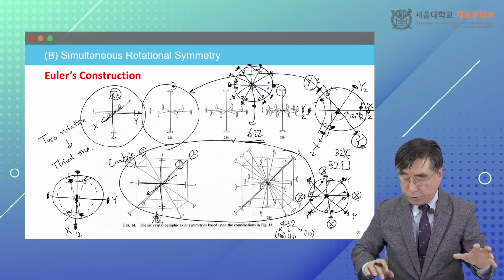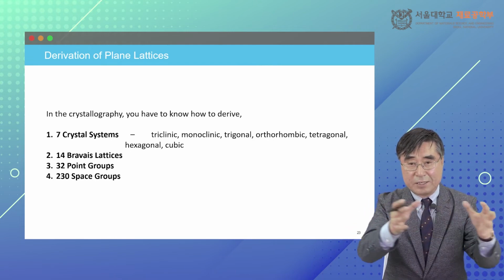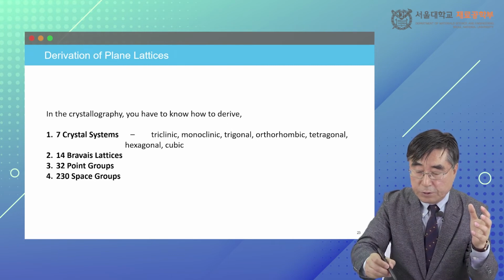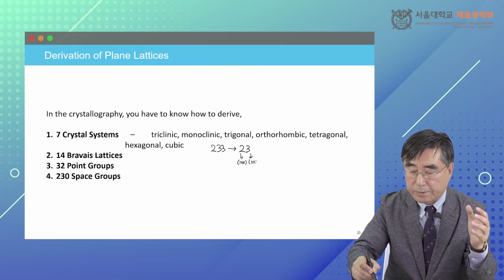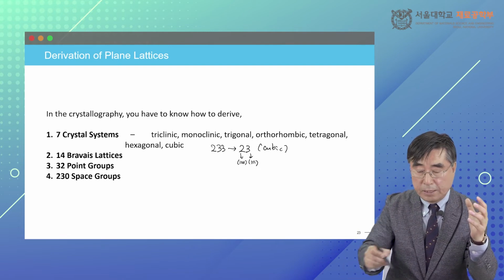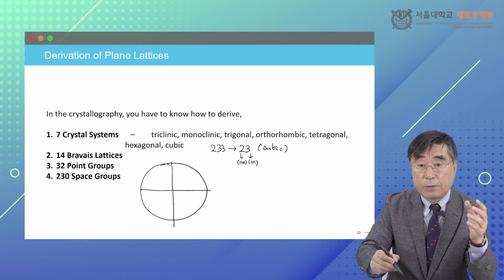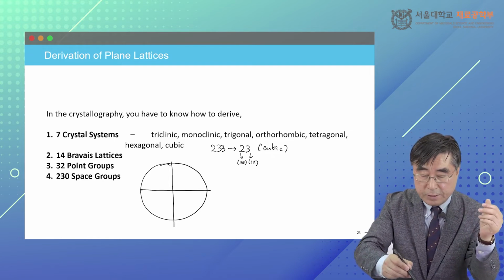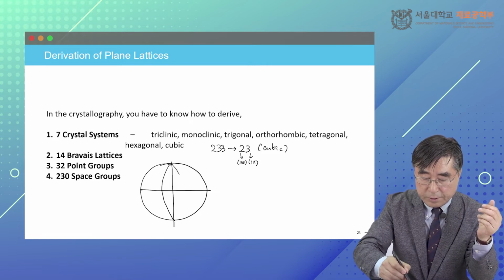I don't have enough space to draw the diagram in here, but let me draw two cubic crystal symmetry elements in here. Let me first draw 2, 3, 3. People write it 2, 3, which is all the 1, 0, 0, all the 1, 1, 1, in the cubic systems. Then in the stereographic projection, if you follow the crystallography stereographic projection of the cubic standard projection, then you can find out what I'm drawing in here.